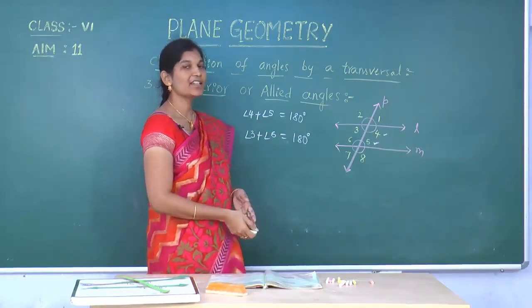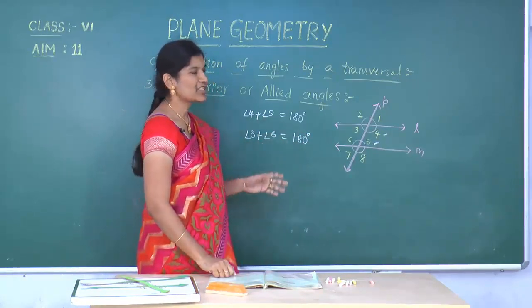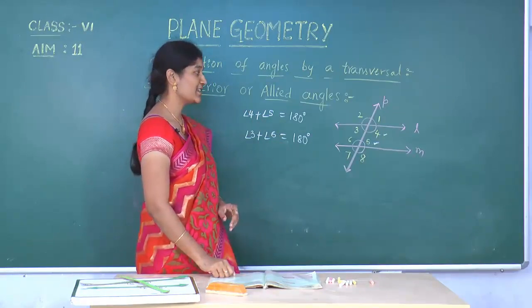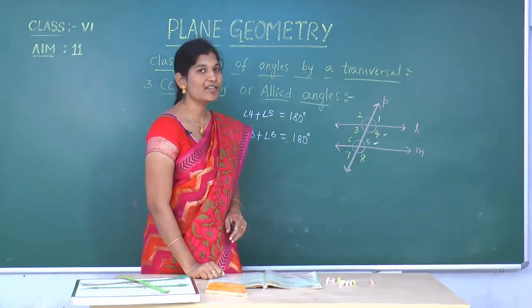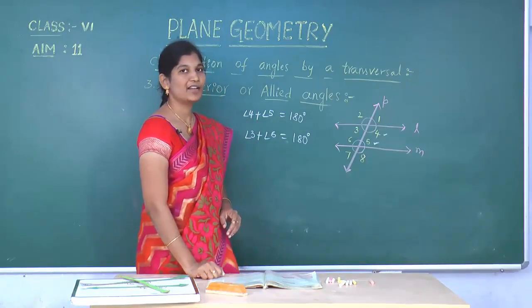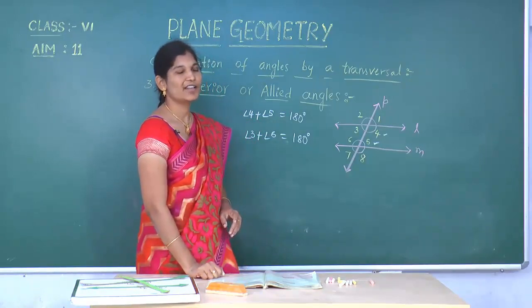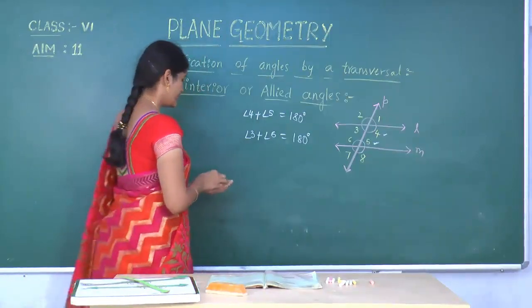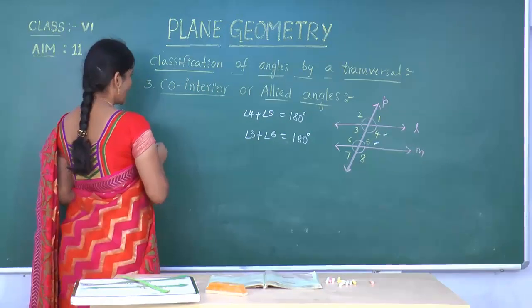The co-interior angles which are lying on the same side of the transversal, the sum will be 180 degrees. So we can say the angles which are on the same side of the transversal and which are interior, their sum will be supplementary. And let me go with co-exterior angles.